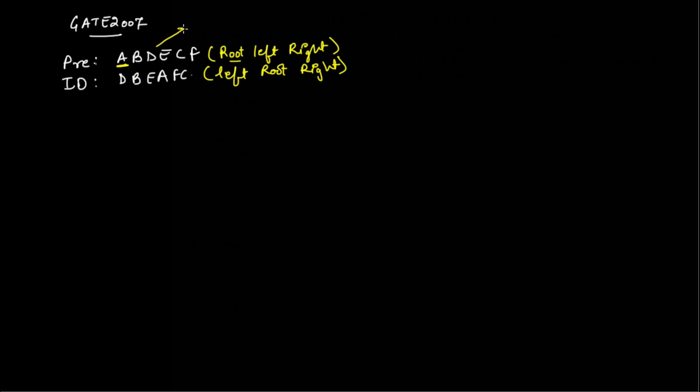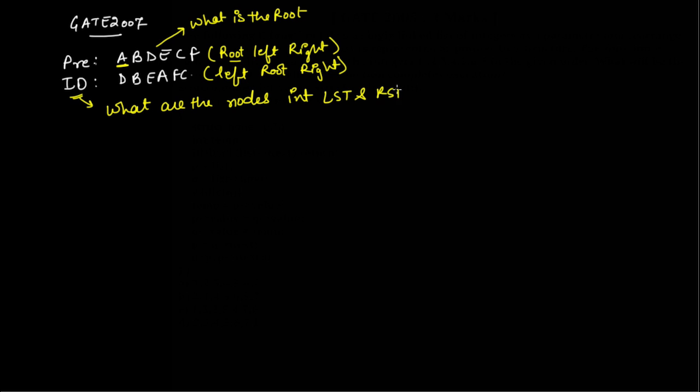This pre-order is going to tell us what the root is, and this in-order is going to tell us what the nodes in the left subtree and the right subtree are.